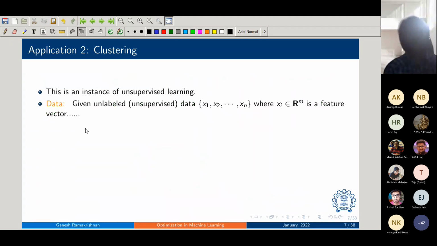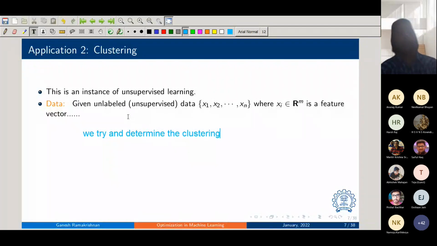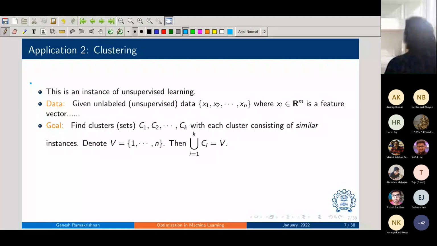What you do here, given an unsupervised or unlabeled data set where the xi's are the feature vectors, you're trying to determine the clusters. Let's look at examples with the following notation.